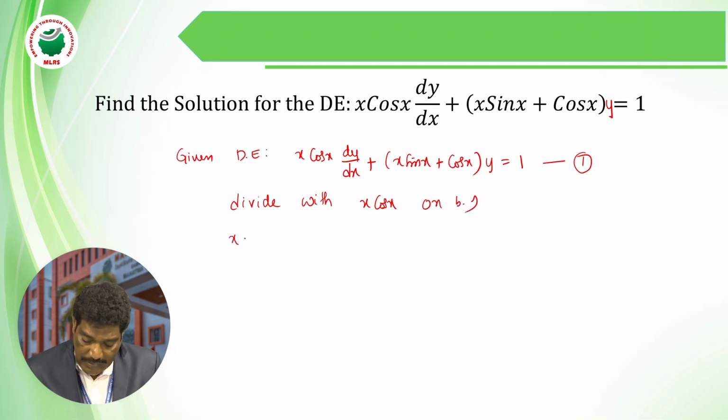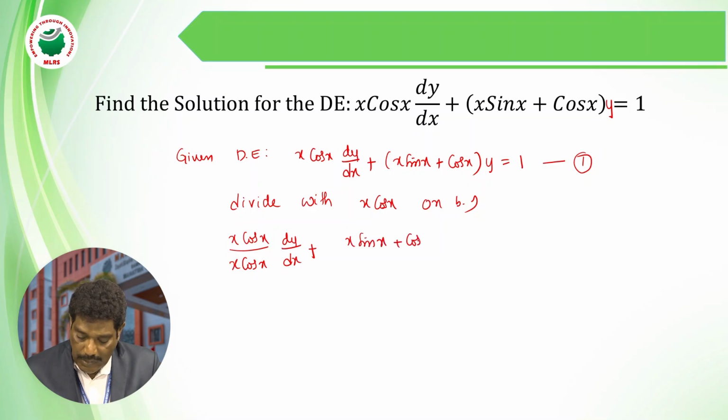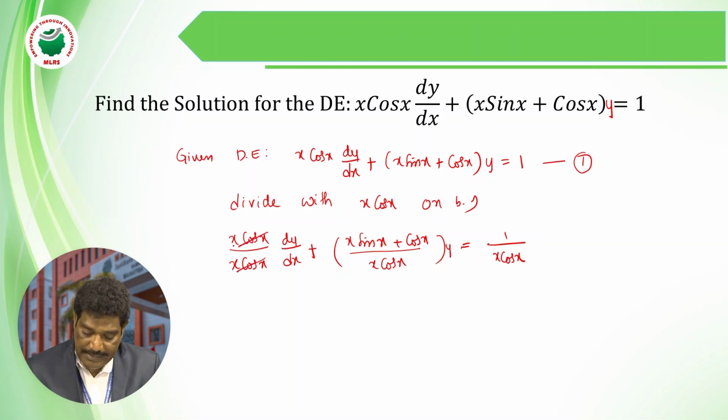So we are dividing with x cos x: x cos x by x cos x into dy by dx plus x sin x plus cos x by x cos x into y equals 1 by x cos x. Right? So x cos x and x cos x both cancel.